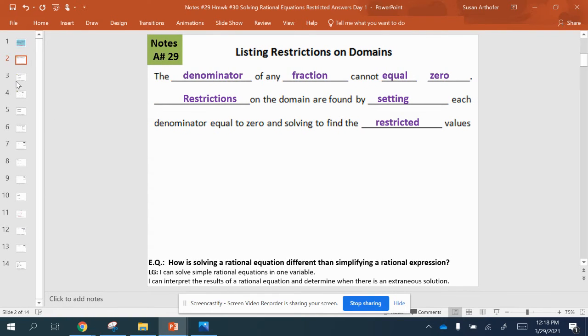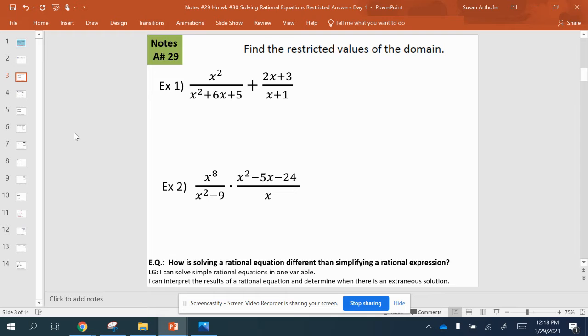Okay, if you can hit pause here and write down those 2 problems. Step 1 is to factor.